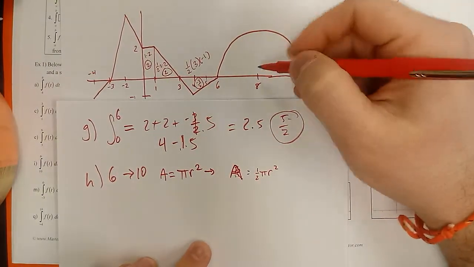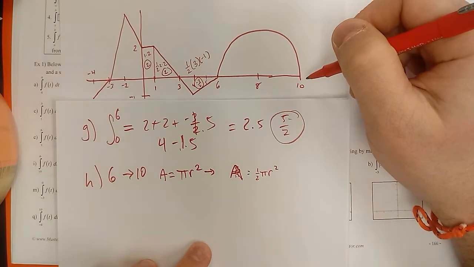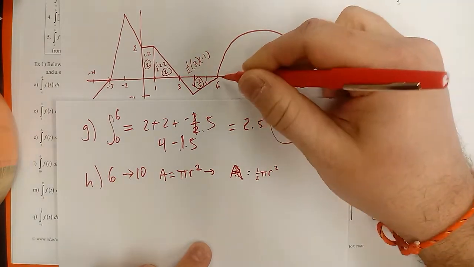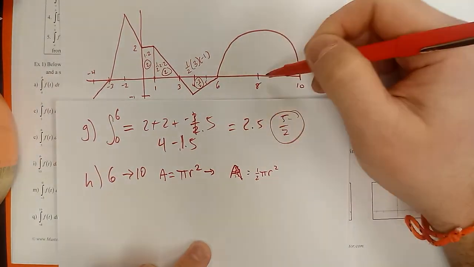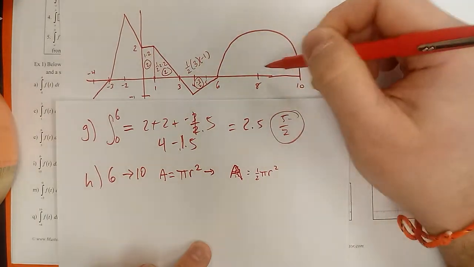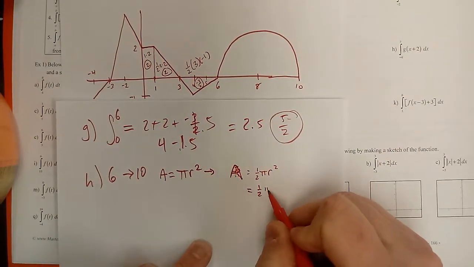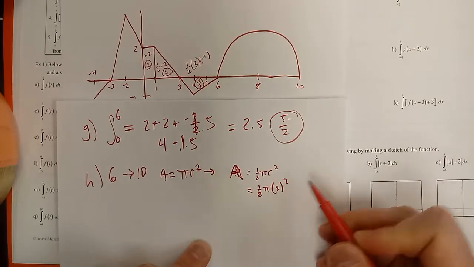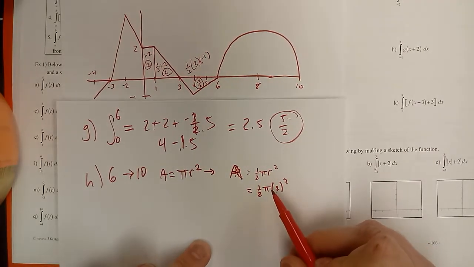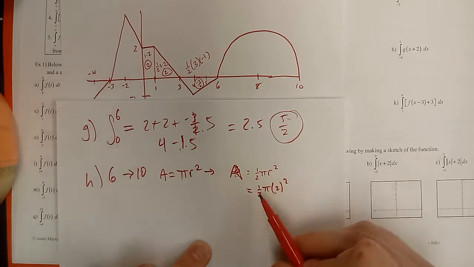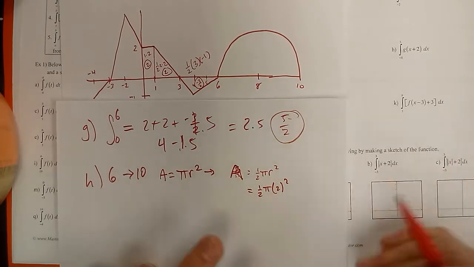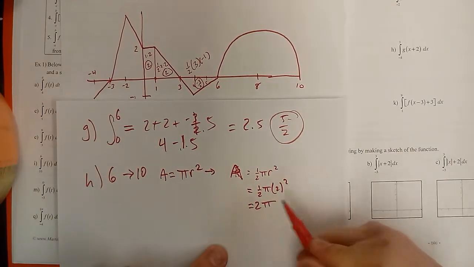My radius: if it goes from 6 to 10, and it's a semicircle, that's guaranteed to be a diameter, so the radius is going to be from 6 to 8 or 8 to 10. The radius is 2. So I can say it's 1/2 pi 2 squared, which is 1/2 times pi times 4. Half times 4 gives 2, so 2 pi.